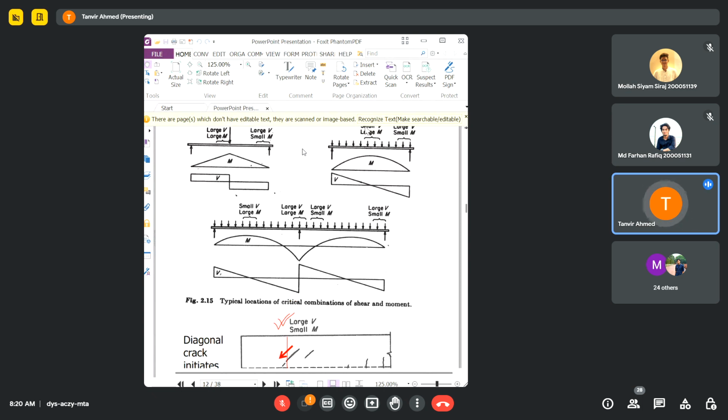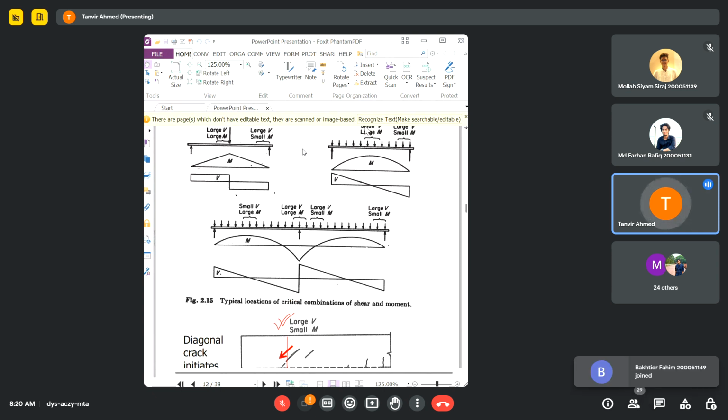So in this case, the cracks will form due to the shear.